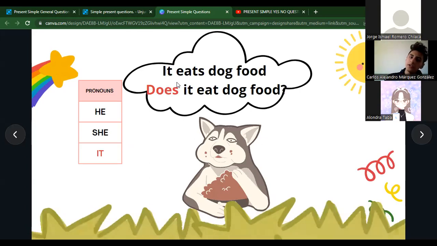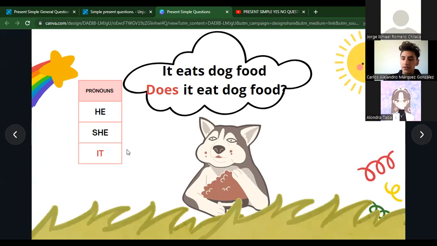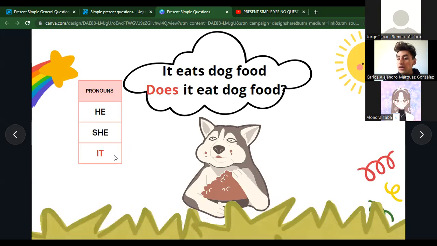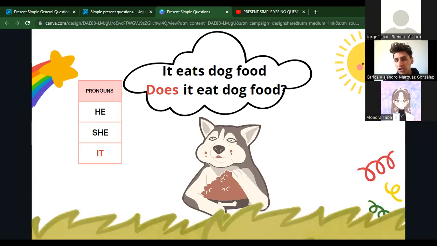Okay, we also use does for it, okay? Remember that we use it for things and animals. We don't use it to refer to a person. I don't know if you remember our first class, we talked about subject pronouns, and I told you that, okay?